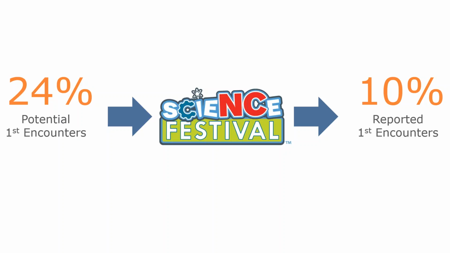So let me go back. You had said that you had compared the North Carolina Science Festival and the ratings to other festivals that you deemed to be similar, and it was about 3 or 4 slides. Yep, this one.